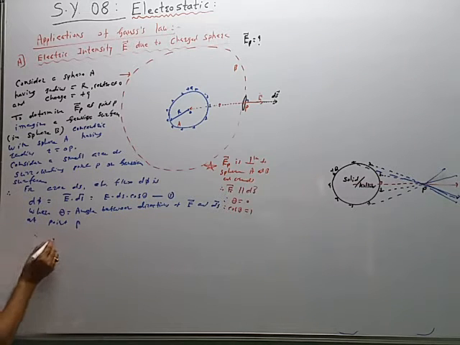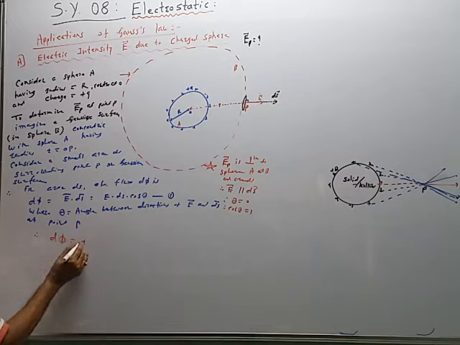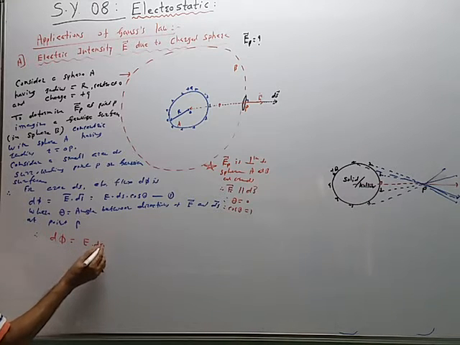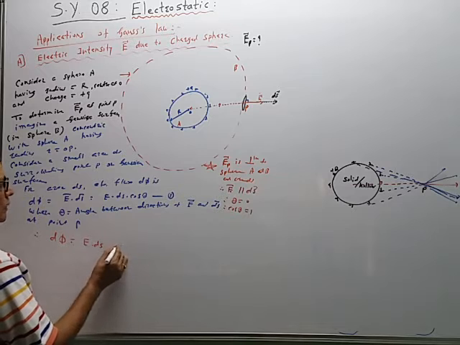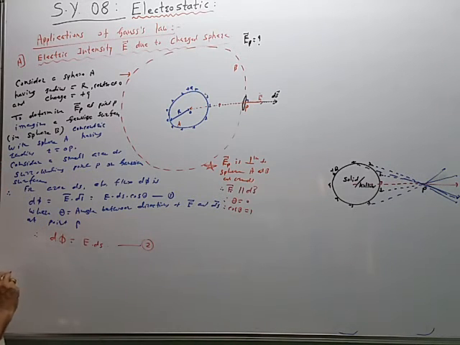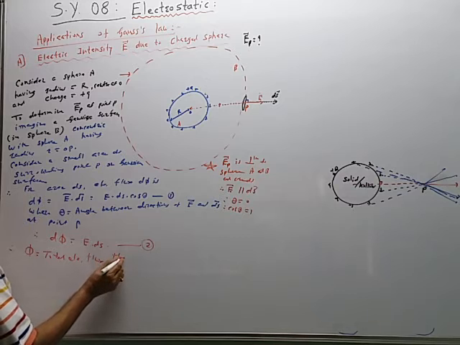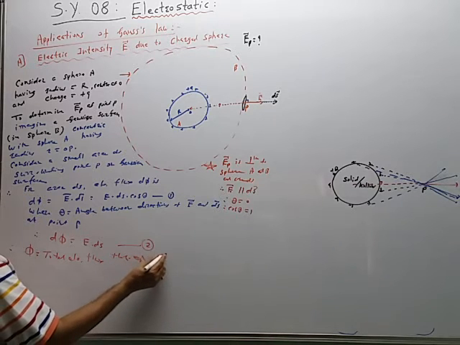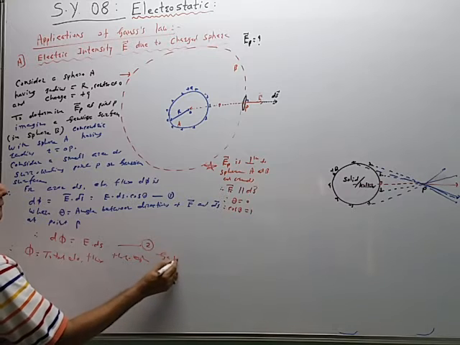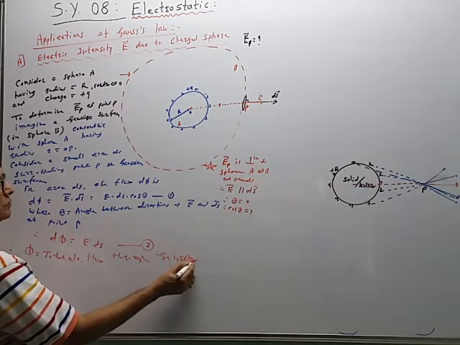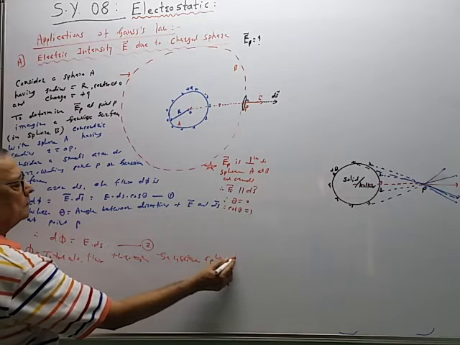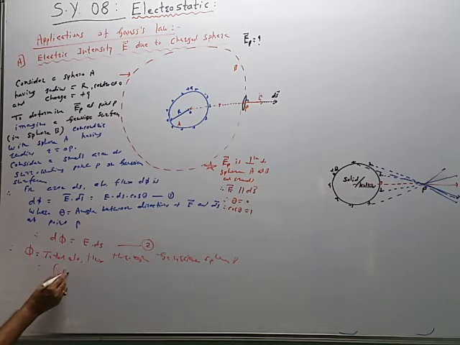And therefore d phi is equal to E into ds into 1. So this is equation 6. Phi is the total electric flux through Gaussian sphere B, so it is obtained by integrating d phi.